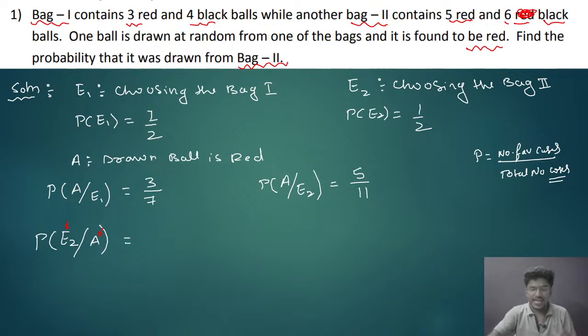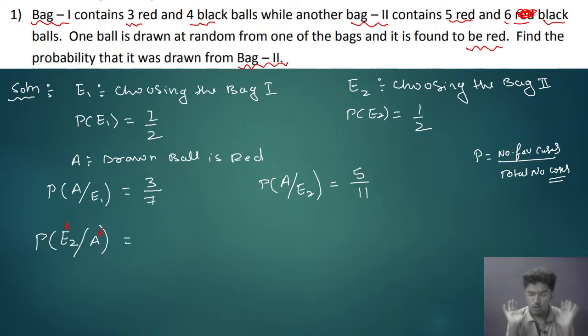Practically, if you want to see, I will give you 2 bags. In the first bag there are 3 red, 4 black. In the second bag there are 5 red, 6 black. You take one ball out of one of the bags, and that ball is red.